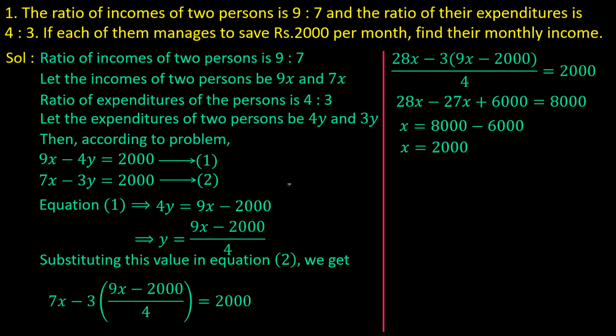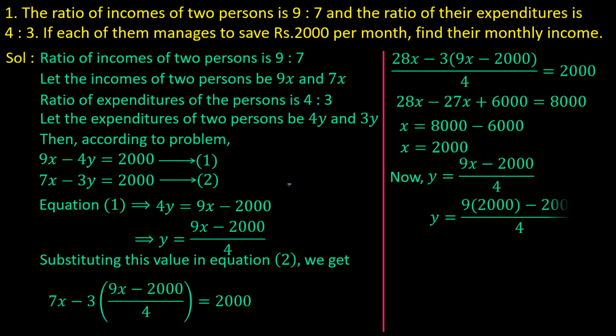So we got the value of one variable, and let's substitute this value in either of the given equations, either in equation 1 or equation 2. So now substitute the value of x in y equal to (9x minus 2000) by 4.